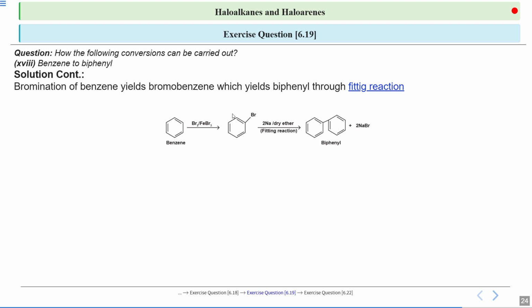And then you perform the Fittig reaction in the presence of sodium metal and dry ether. So this is the Fittig reaction. What will happen? The 2 benzene rings will attach together and give us the product biphenyl, plus 2 sodium bromide as the side product. So this is the conversion process for benzene to biphenyl.